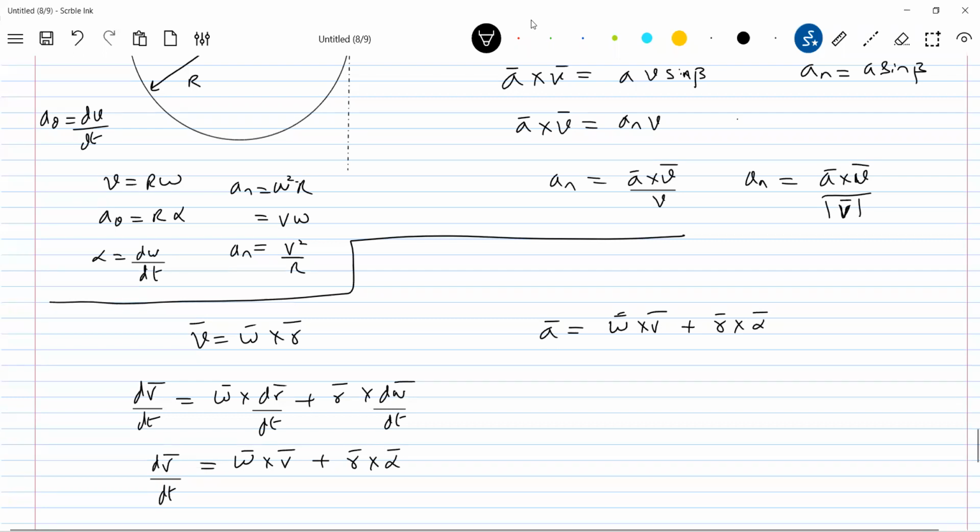What is this? This is the centripetal acceleration, no? Okay, this quantity, another form. This is centripetal, and this is the tangential.